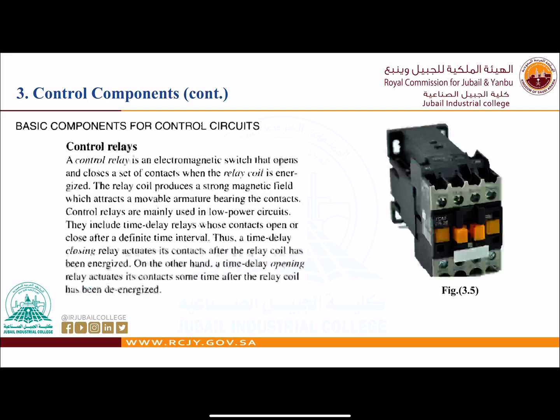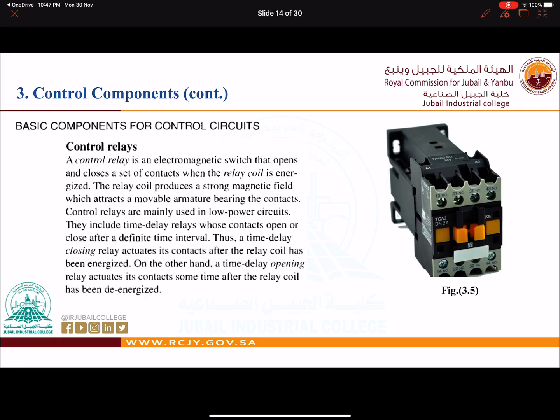This is the control relay, and this is used in the lab, in lab E026, Jebel Industrial College. The relay coil produces a strong magnetic field which attracts a movable armature, as we can see here. Let me just draw it for you.